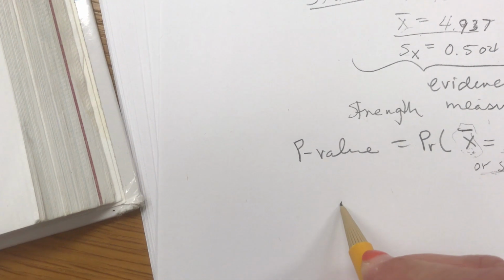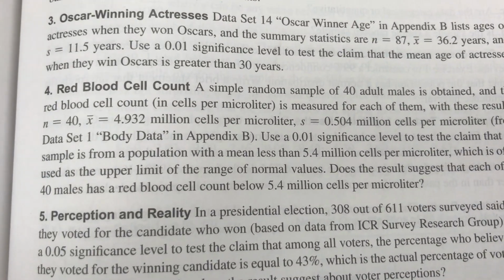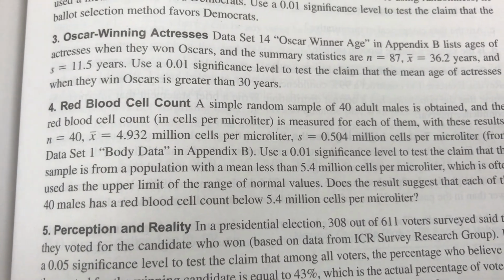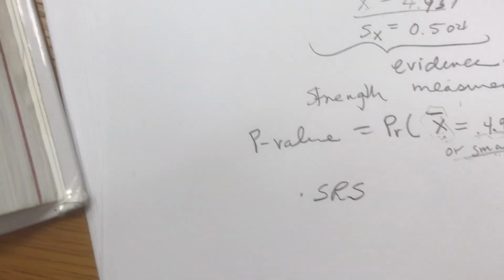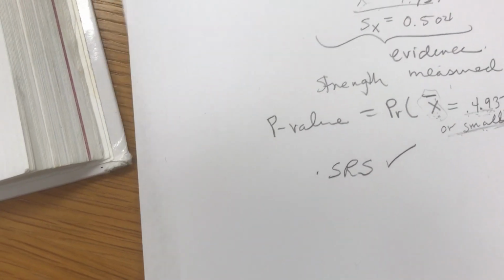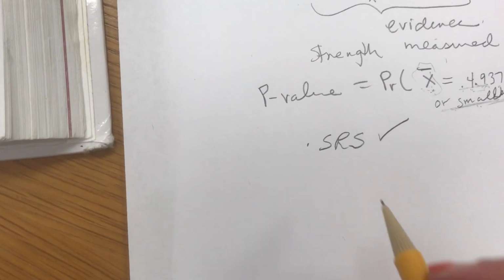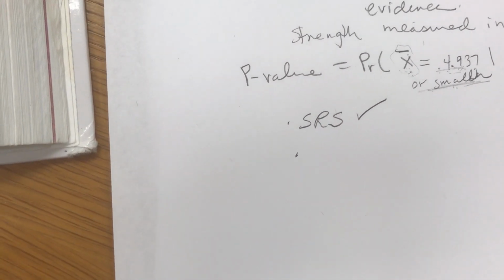To get the density curve, let's check that we planned out a simple random sample. And number 1, those are the first 4 words. A simple random sample was taken. So yes, somebody who planned this out knew that we needed the sample to have randomness. And then 2, unlike with proportion, we're not going for binomial.